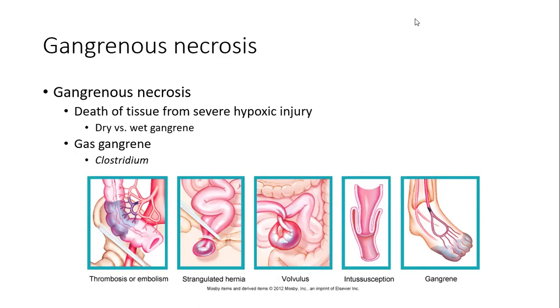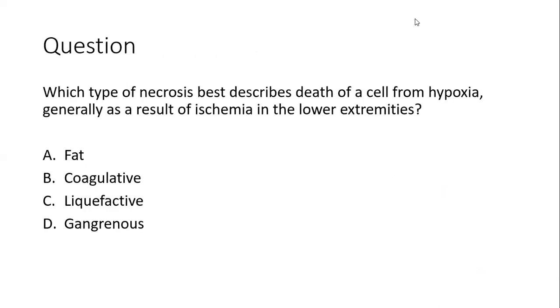Here are some internal organs that are necrotic, and those are some different terrible things that can happen: volvulus, thrombosis, strangulated hernia, intussusception, which is a little more common in children but not exclusively, and gangrene.